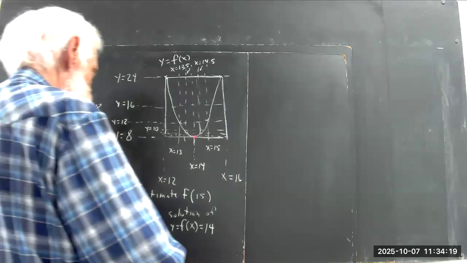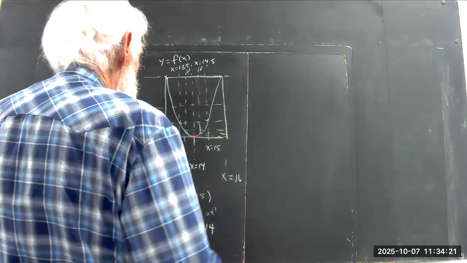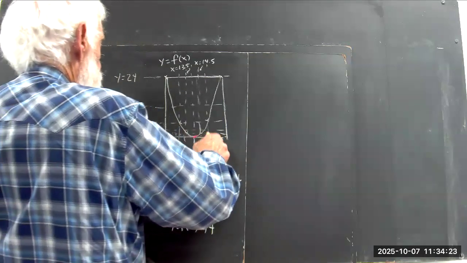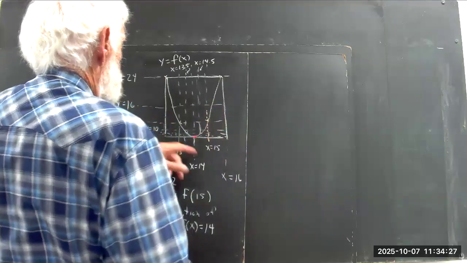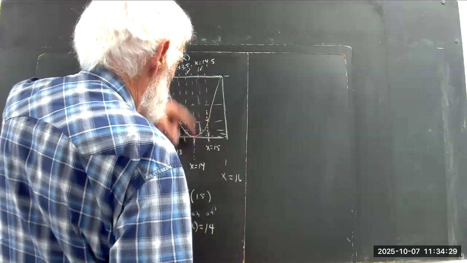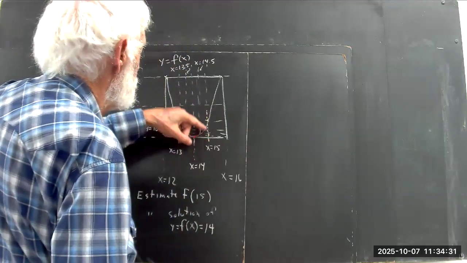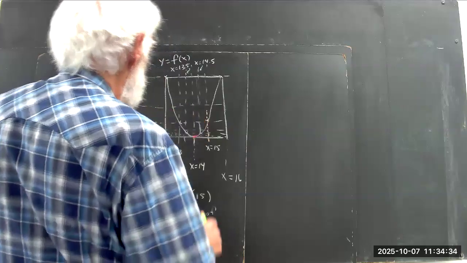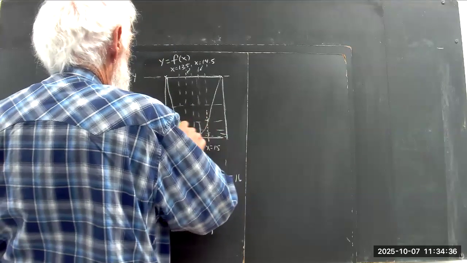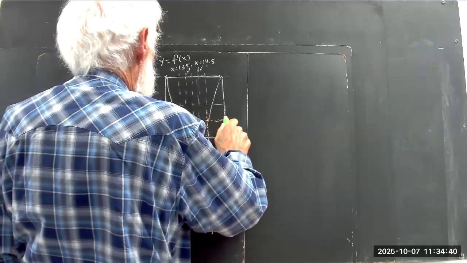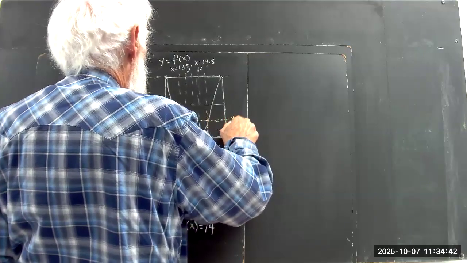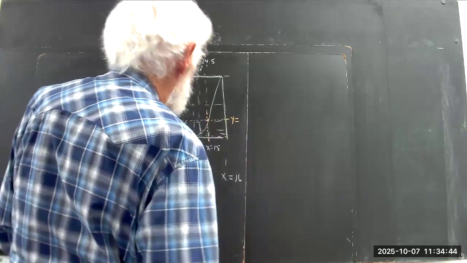You go to the line x equals 15 and draw a vertical line. You go up that line until you hit the curve. When you hit the curve, you're at a point, so you go across here, and you get y equals whatever.